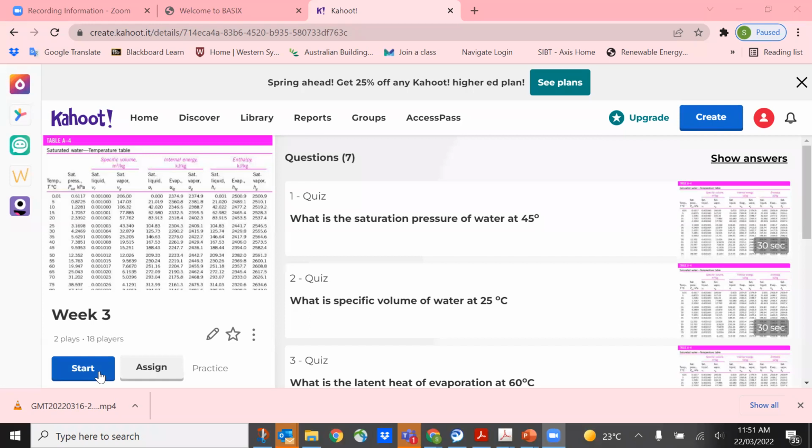I know that maybe you didn't print it yet, but I prefer that for the quiz it's better for you to print these tables, at least table 4 and table 5, because it's easy for you to search for the property on the paper.